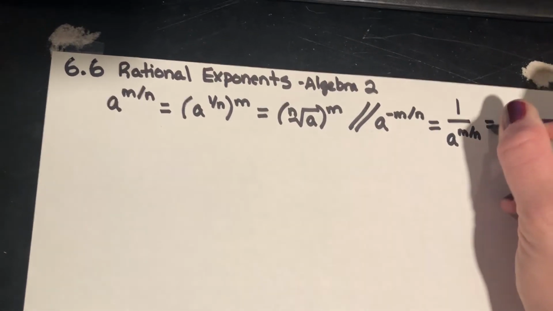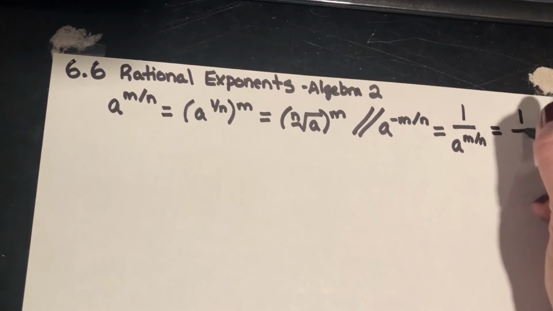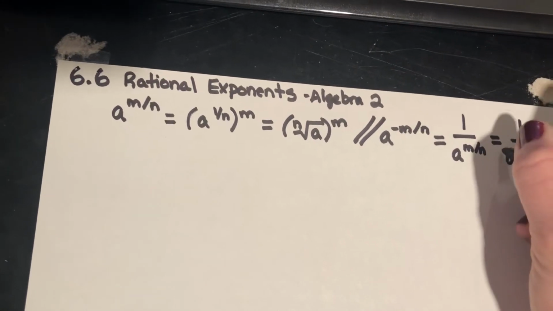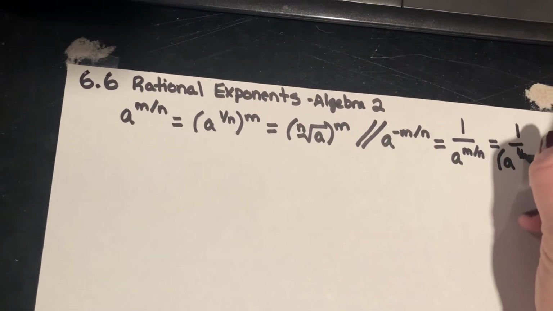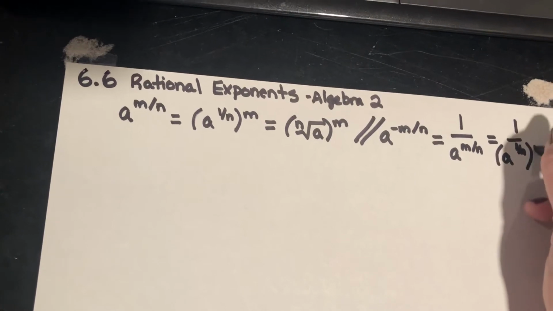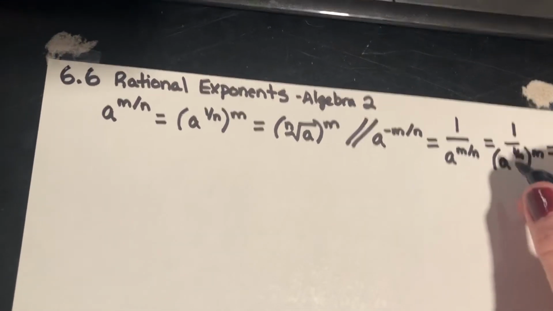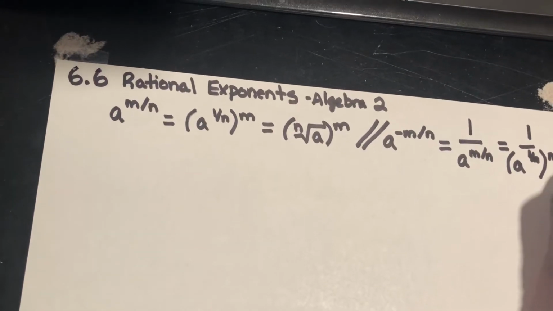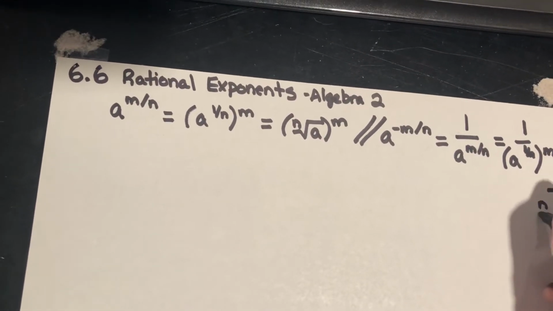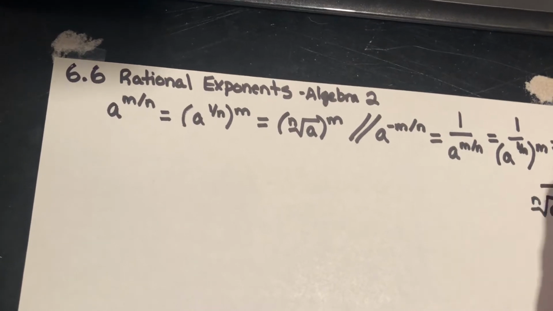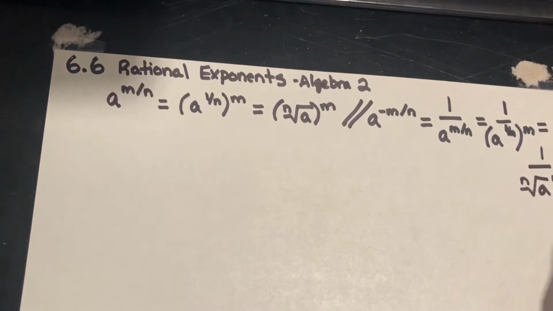We have 1 over a to the 1 over n to the mth power. And so totally this looks like 1 over the nth root of a to the m power.